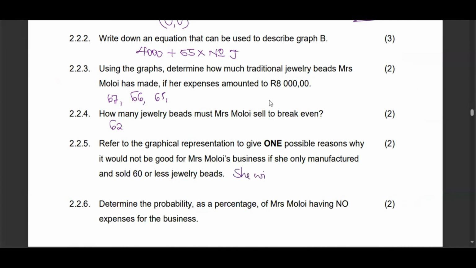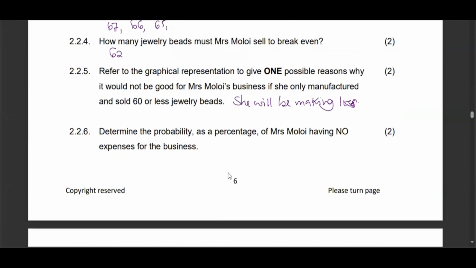She'll be losing money, she'll be making losses. Or you can say no profit, which we call a loss.